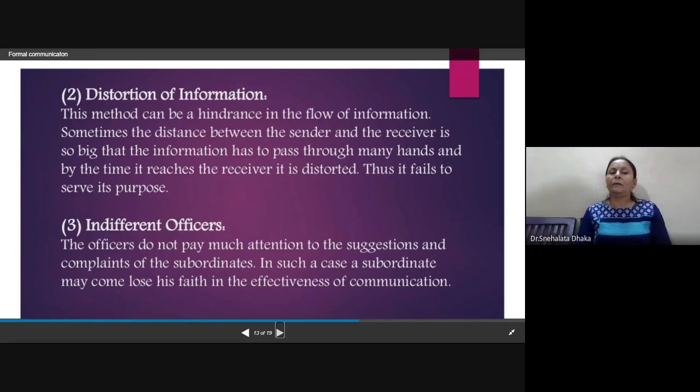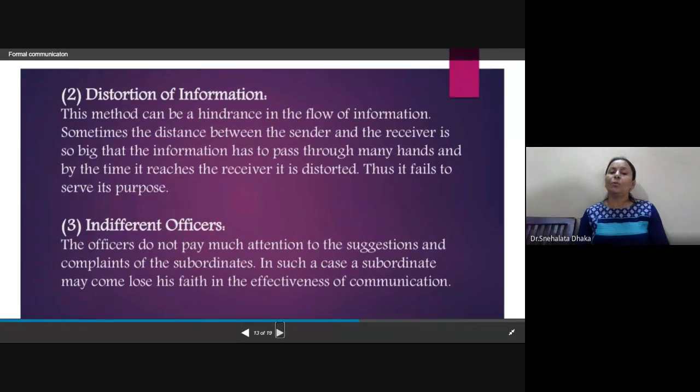Okay, and one more thing, as there are various levels of transferring the information at a workplace or in formal communication. As the same information transfers from one level to the other, a slight change is reflected many a time, and that slight change can change the complete information. So that is distortion of information.